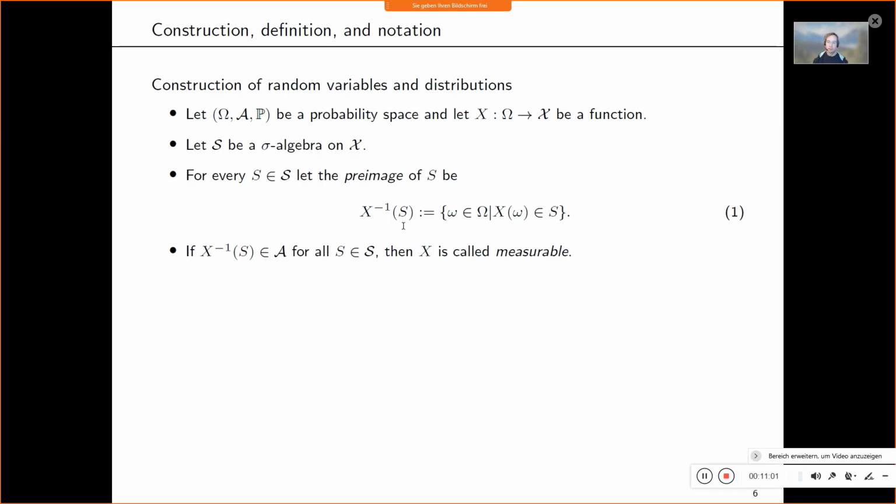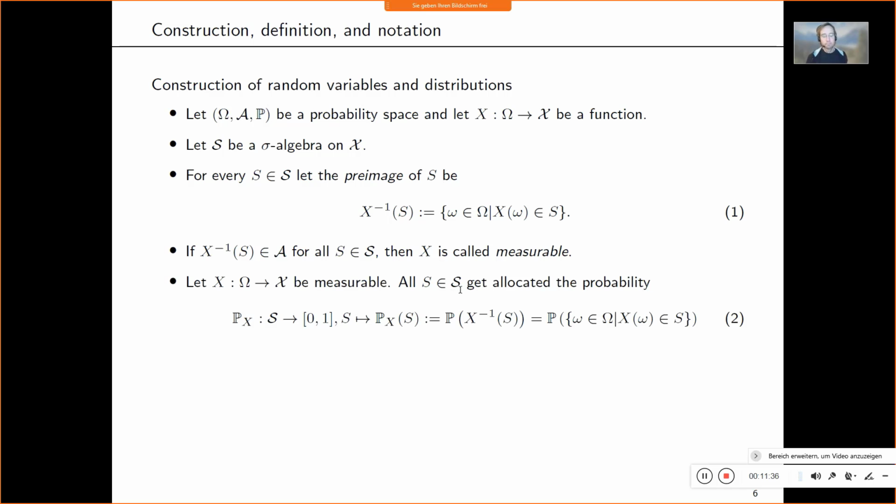So what we're saying is: in the space that X maps elements of Omega onto, we have sets. We look at the pre-images of these sets S, which are subsets of Omega, and if all of these are in the sigma algebra A, the original sigma algebra, then we call the function X measurable. Why do we call it measurable? Why is it sensible to call it measurable?